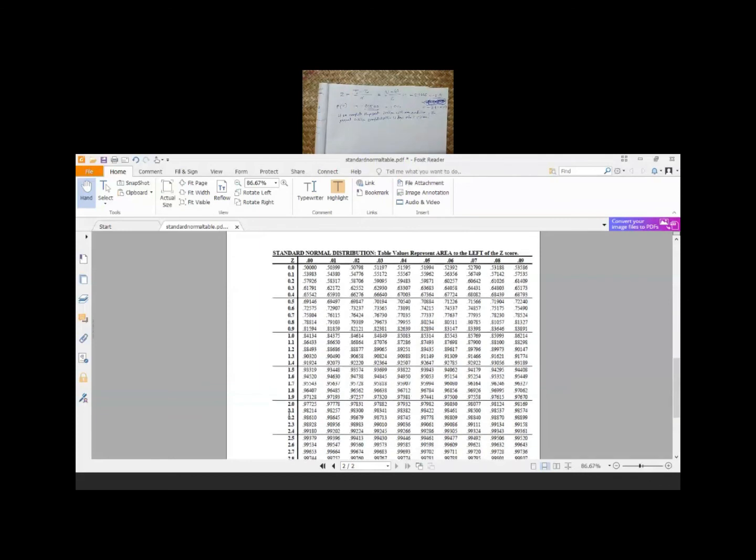We find the plus 2.1 row here, and again go across to 0.07. So then the percentage is 98.5. If the z value is plus 2.17, that means the percentage will be 98.5.